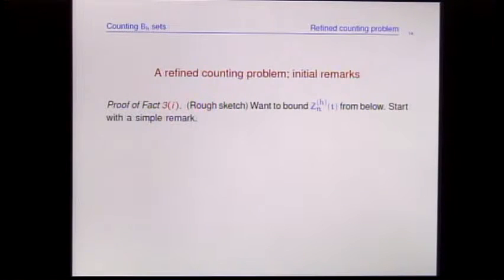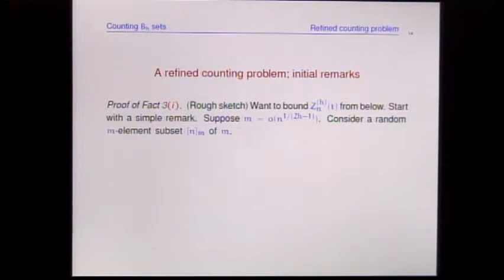We use the following remark. Let m be the same sort of number as t, for which we want to bound Z_n(h,t). For such an m, let's consider a random m-element subset of [n].